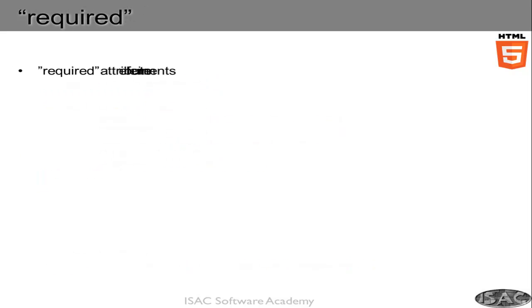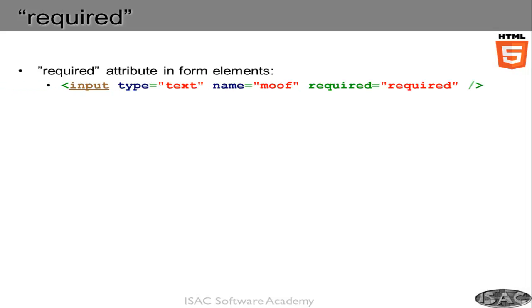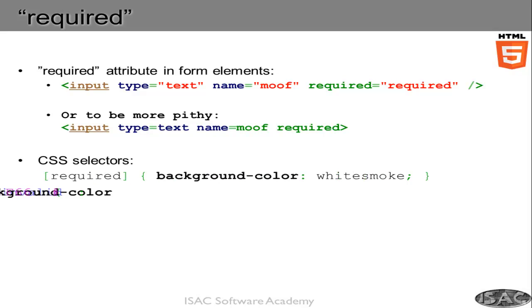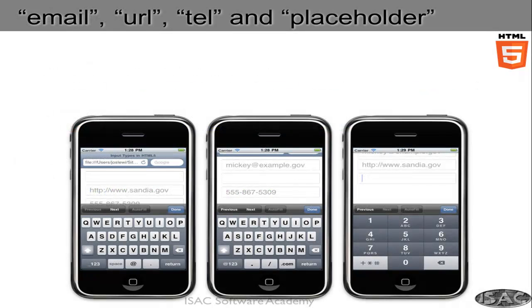Now another attribute in the form elements is called required. What it means is that if you make a particular input type equals to required, then the user must enter some data into that. He cannot leave it blank. This is a CSS selector you can use for, but we'll leave it.